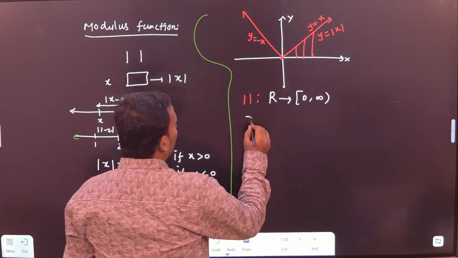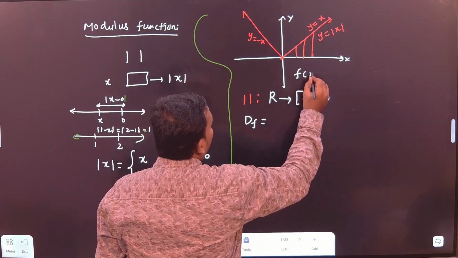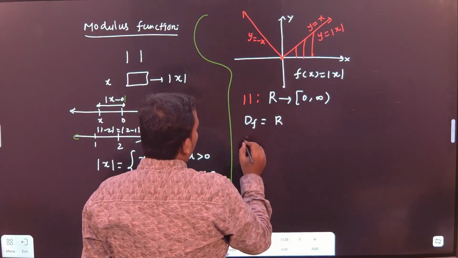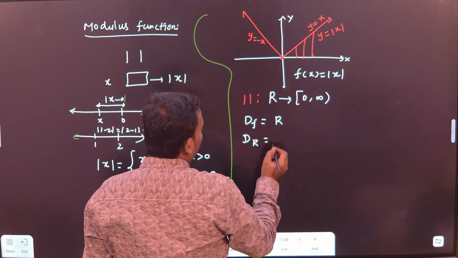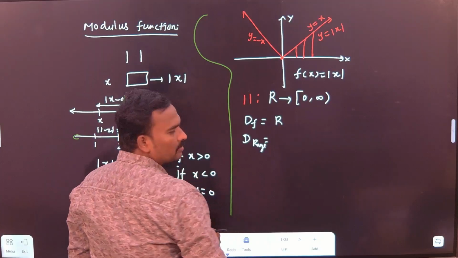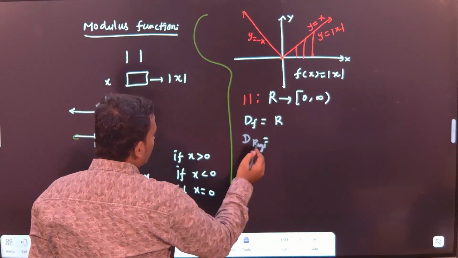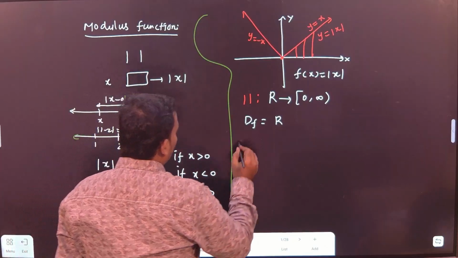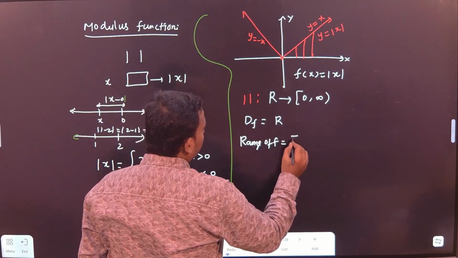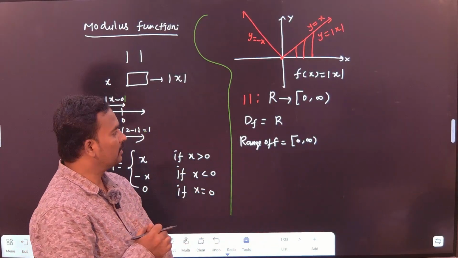So the domain of f, if you consider f of x equal to mod x, is the real numbers, and the range of f is 0 to infinity. I hope everyone understands, right? Okay.